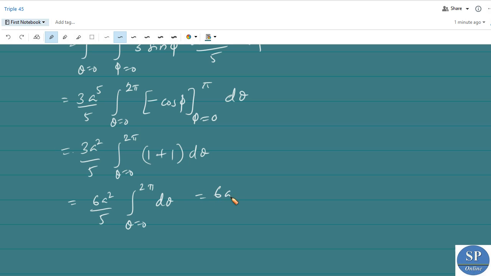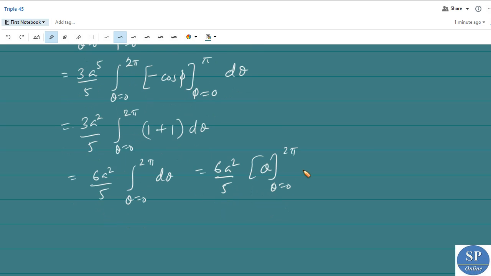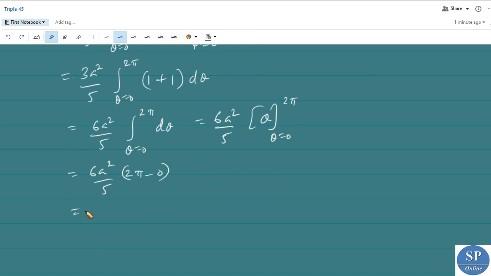So this is equal to 6 a power 5 by 5 times the integral of d theta from 0 to 2 pi, which is 6 a power 5 divided by 5 times theta from 0 to 2 pi. Applying this limit, we get 6 a power 5 divided by 5 into 2 pi minus 0, so we have 12 a power 5 pi divided by 5 as the answer.